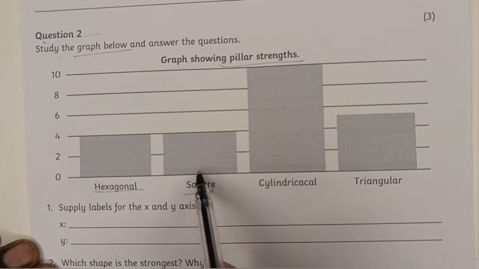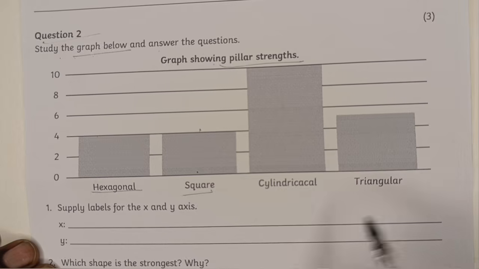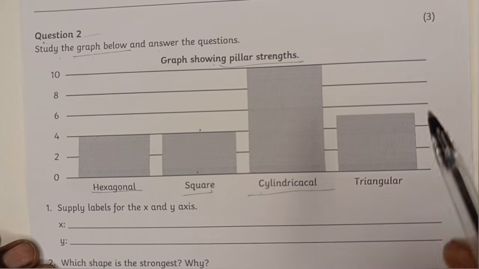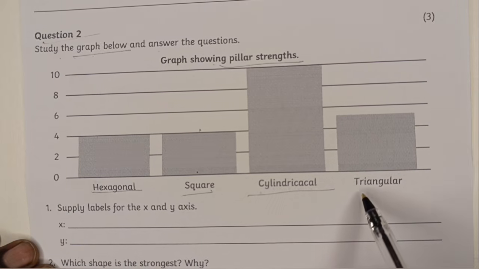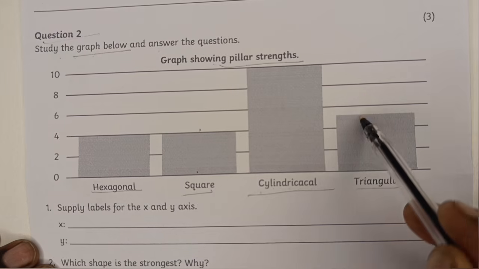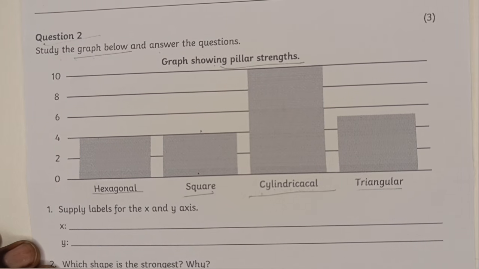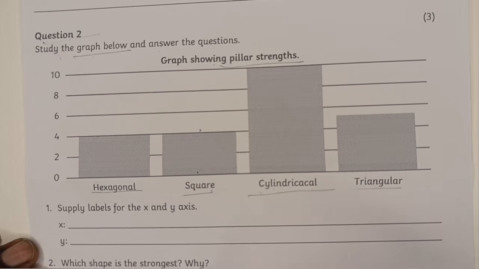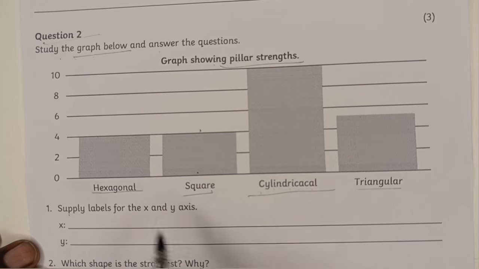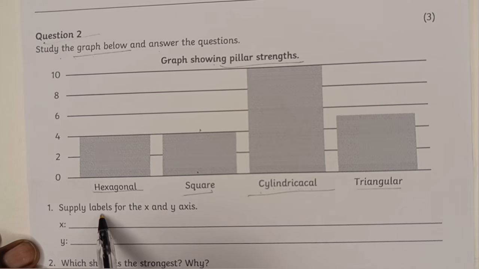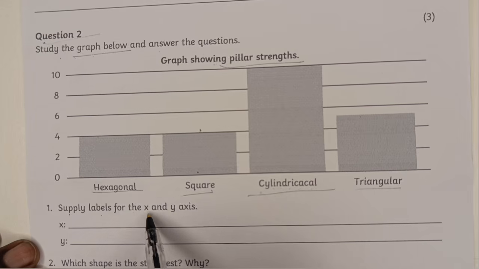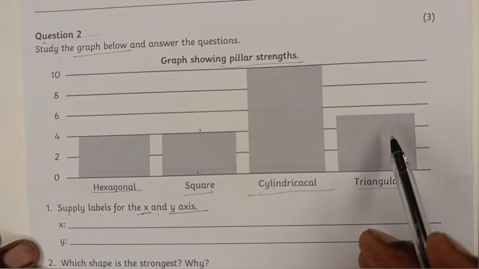A square rises to 4. Cylindrical rises to 10. Triangular rises to 4.5 or 4.6. So the first question says, supply labels for the x and y axis.